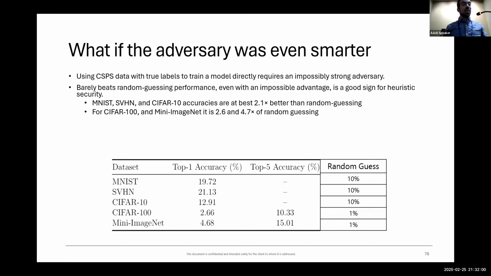And under that constraint, they're only able to do mildly better than random guessing. 19% over 10% for random guessing on MNIST, 4.6% over a random guessing rate of 1% on ImageNet, against an unreasonably powerful adversary.